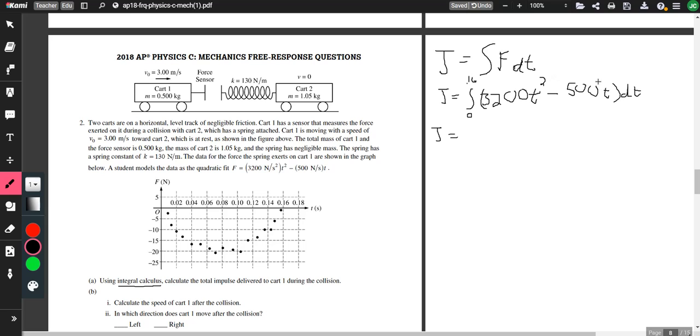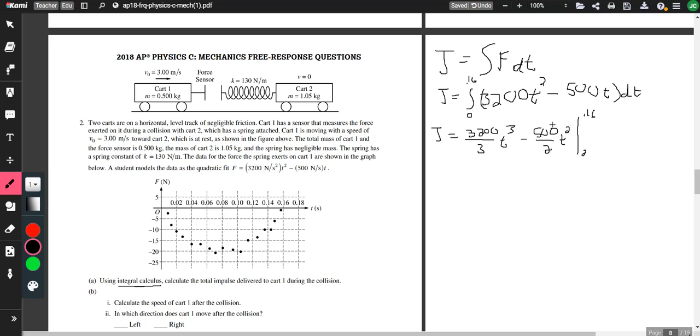If you recall, I add 1 to the exponent, so this becomes a 3, and then I divide the coefficient by 3. So 3200/3 t cubed minus, add 1 to this exponent is 2, so this is going to be 500 divided by 2, t squared. I'm not going to put the plus C because I know when I evaluate this between 0 and 0.16 that it's going to cancel out anyway.